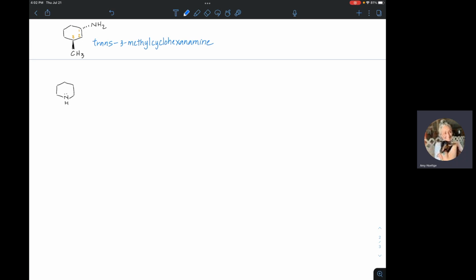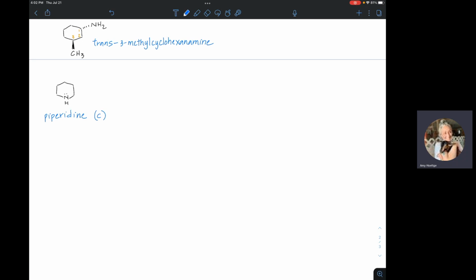So when we're using common nomenclature for heterocyclic amines, unfortunately, we do have to memorize these names. This thing is called piperidine. So that's going to be common. Put a little C in parentheses there.